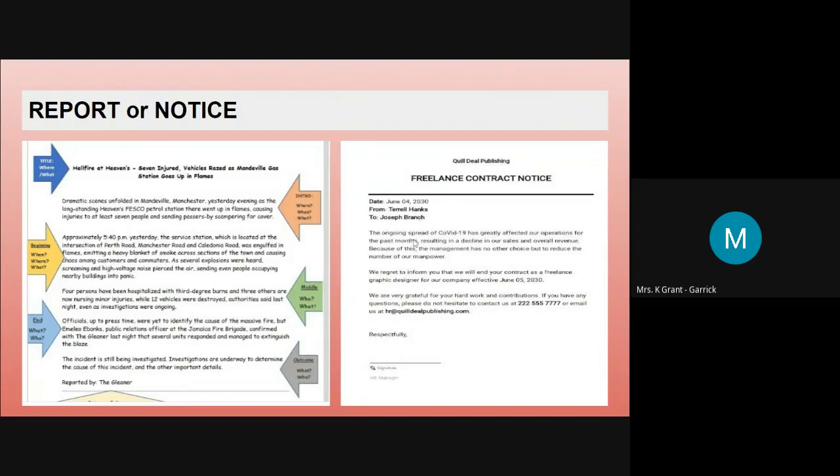And of course, by the time you get into the body, you will be given the information to write in the body of the notice in the scenario. So you just pretty much put it back in well-developed sentences. And of course, you end with respectfully and you put your signature, full name.